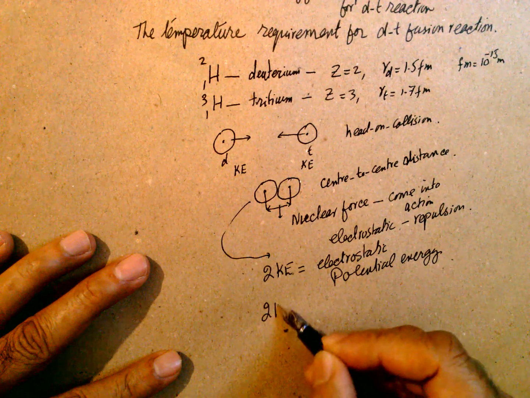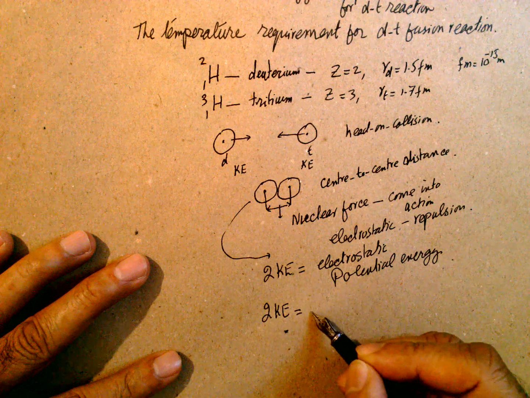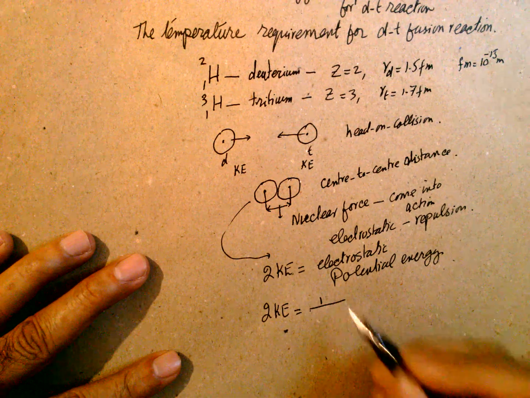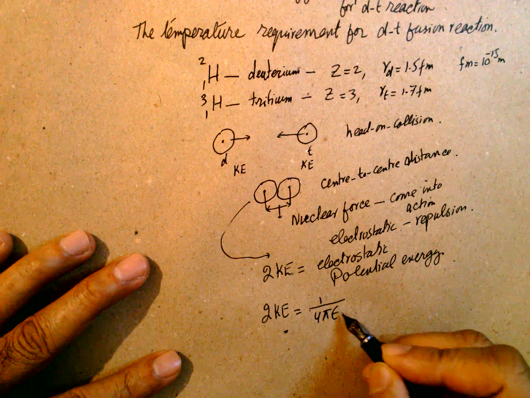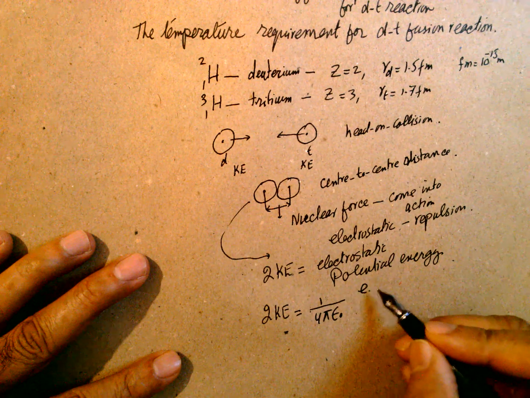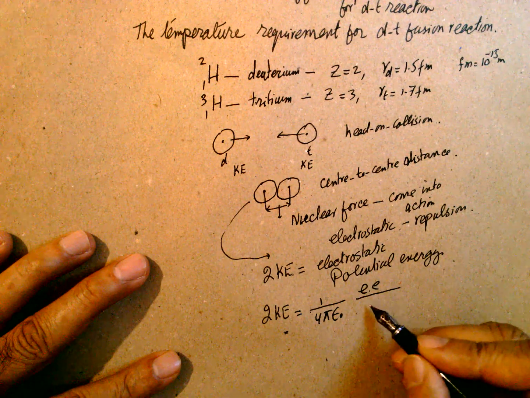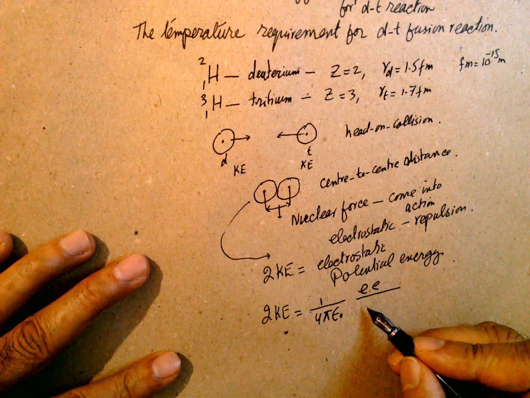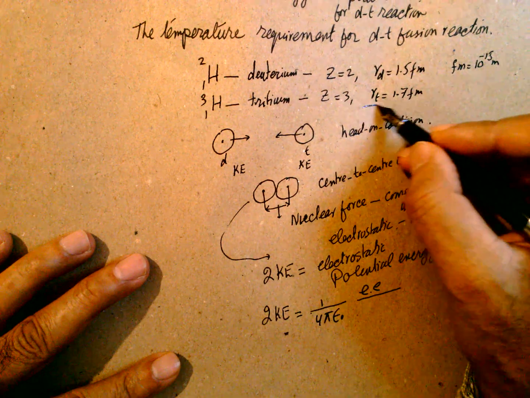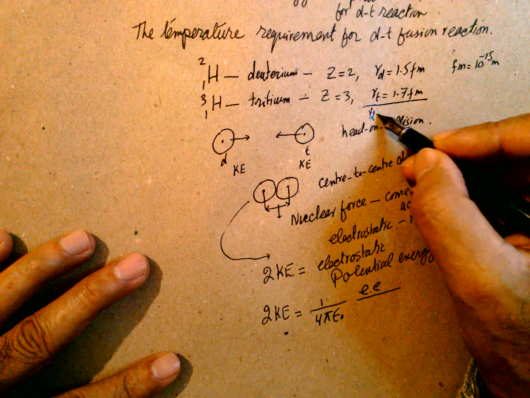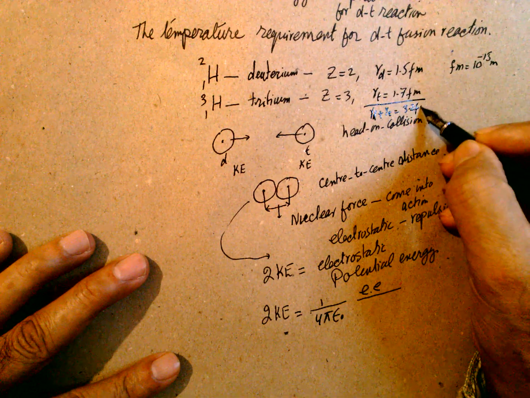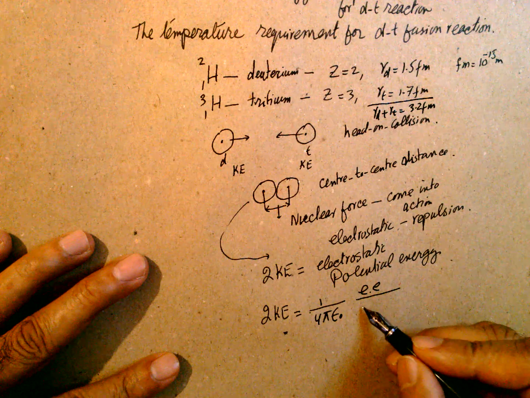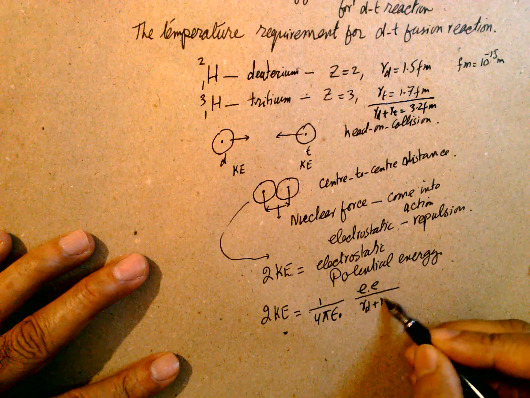So 2 kinetic energy, double, is equal to the constant 1 over 4 pi epsilon into E of first one, E of second one, divided by the distance, RD plus RT, which is equal to 3.2 Fermi.